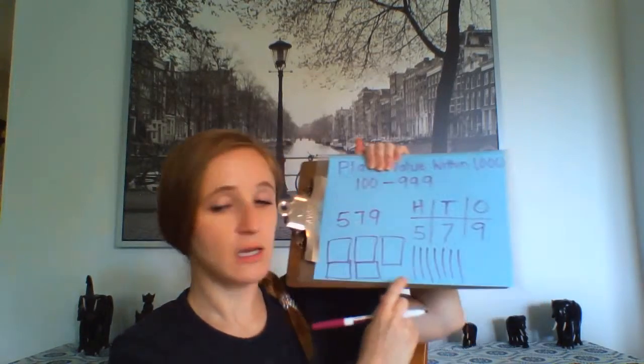Oops, I'm running out of room. 5 hundreds. If I'm going to draw the tens, I'm going to draw 1, 2, 3, 4, 5, 6, 7 tens. And for my ones, I'll draw little cubes for 9 ones. 1, 2, 3, 4, 5, 6, 7, 8, 9.